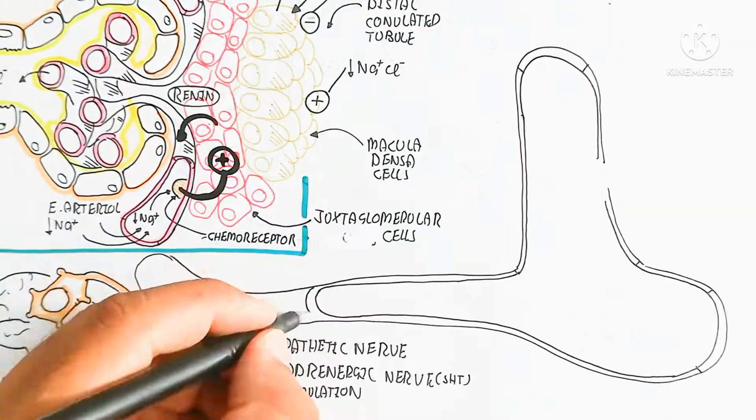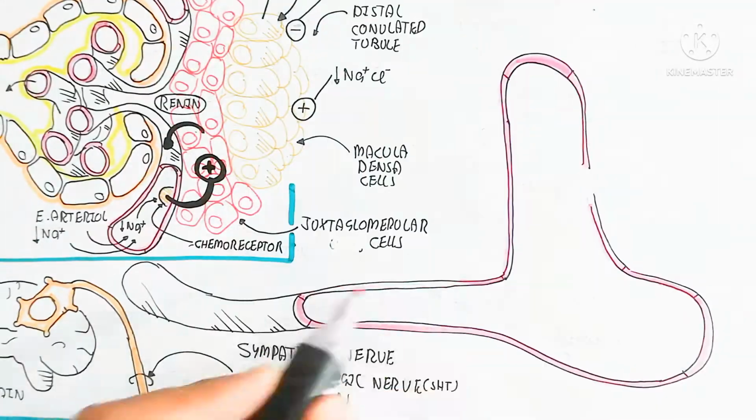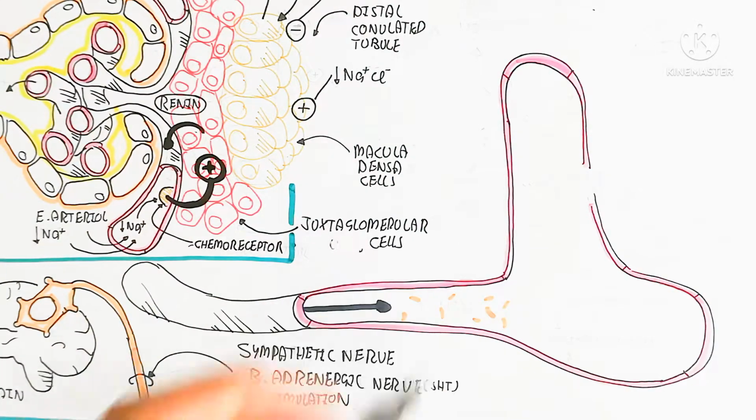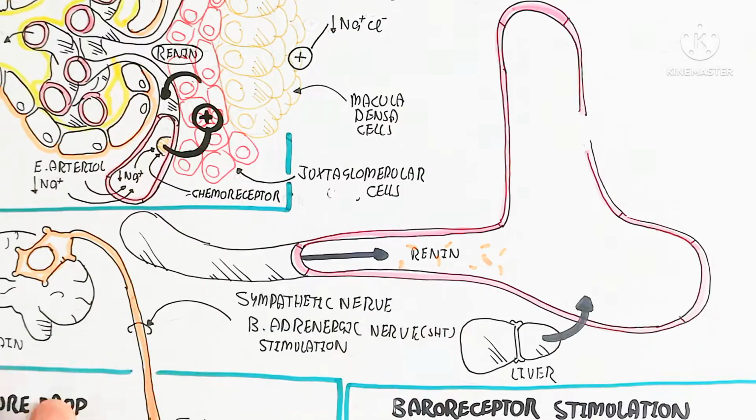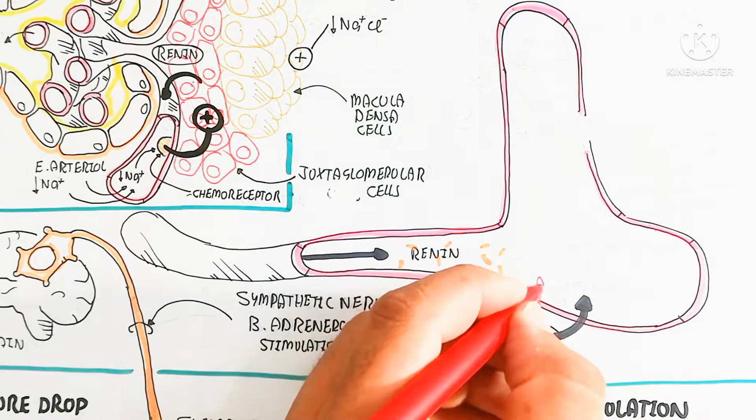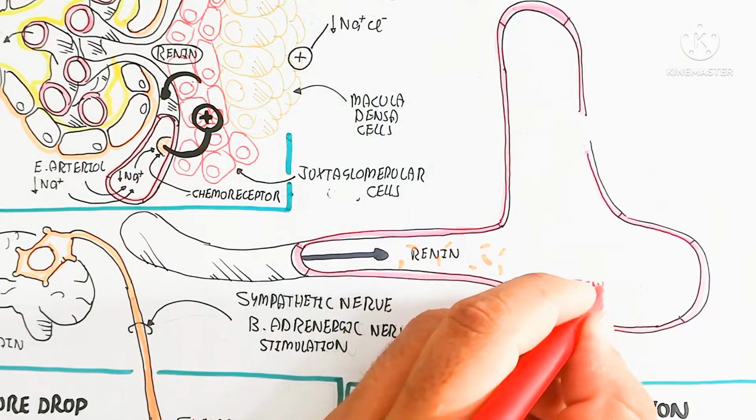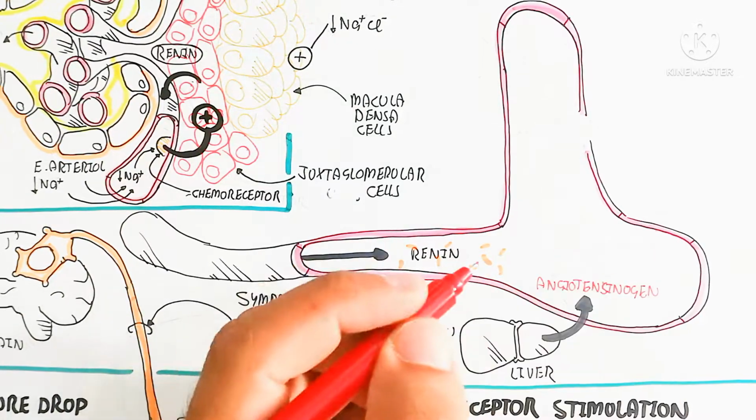While when sodium chloride drops, the macula densa cell is stimulated, which stimulates renin production from the juxtaglomerular cell. So this renin will move into the blood circulatory system.